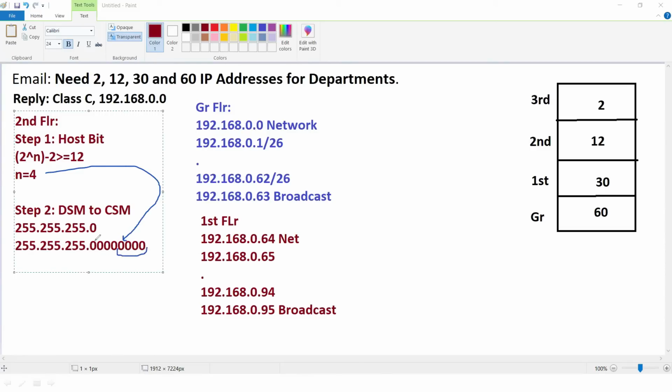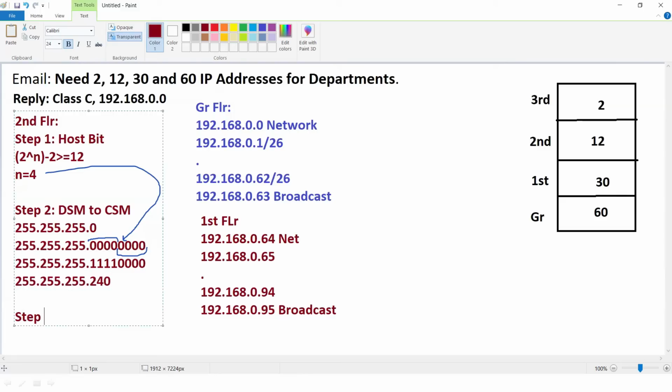So the last 4 bits will become 0 and the remaining will become 1. So let's do the same in this case: 255.255.255.1111 and 0000. After converting this to decimal format, it will become 255.255.255.240, right? So this will become 240.